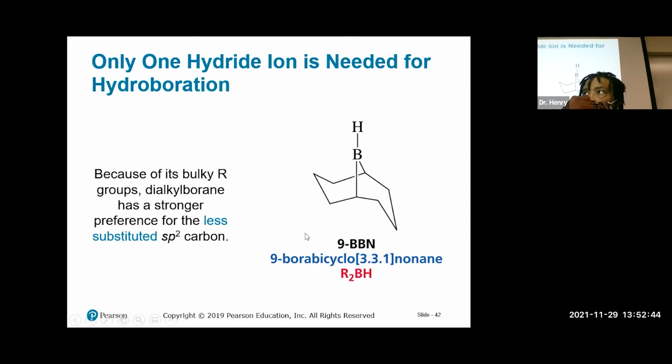So this guy is called 9-BBN. Okay, so this is 9-borabicyclo[3.3.1]nonane. Why is it called 3.3.1 nonane?